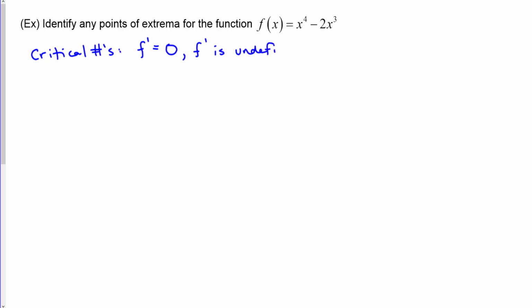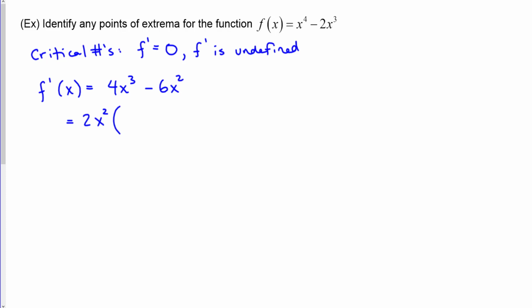Now, with polynomial functions, we don't have undefined values to worry about, so effectively we need to get the derivative, which in this case is 4x cubed minus 6x squared. There's a common factor of 2x squared between each of these terms. I'm going to factor that out.